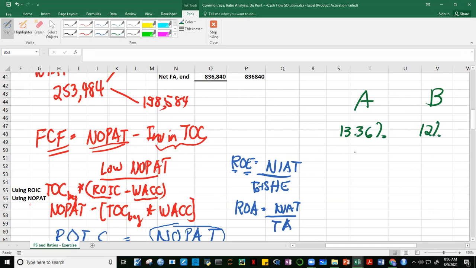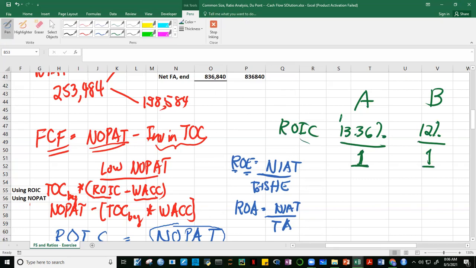Let's assume both are greater than their respective WACCs. What does 13.36%, or 13 centavos, mean? It means that for every 1 peso of operating capital, Company A generated 13 centavos of operating profit.